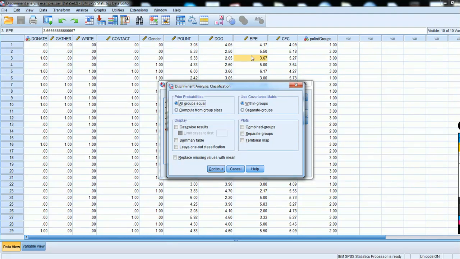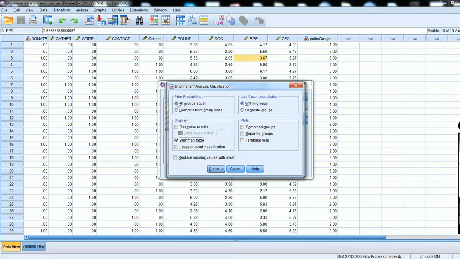So in this particular illustration here, individuals would be predicted to fall into group 0 or group 1 based on their responses to the predictor variables. And so I might be curious to know how well the predicted and actual group memberships actually correspond. So I can do that by clicking on Summary Table down here to get an idea. And so this is another way that you can look at the question of the fit of the model.